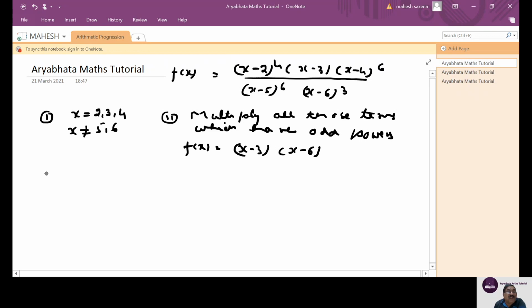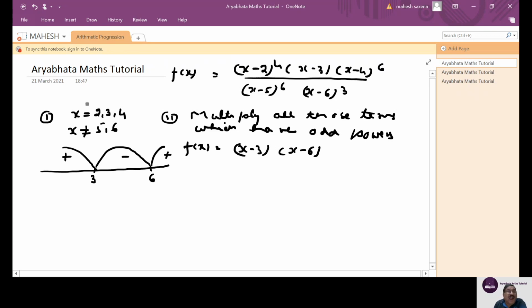Now on a real line number, suppose it is x equal to 3. This is x equal to 6. We will join this by loops. Now mark plus, minus, plus.